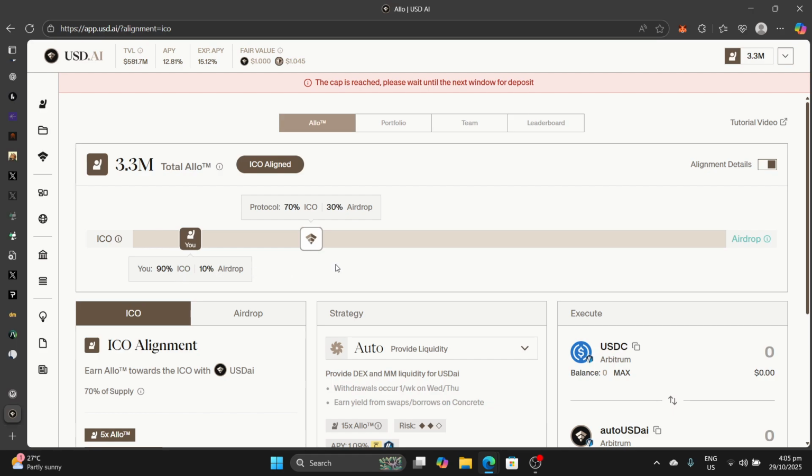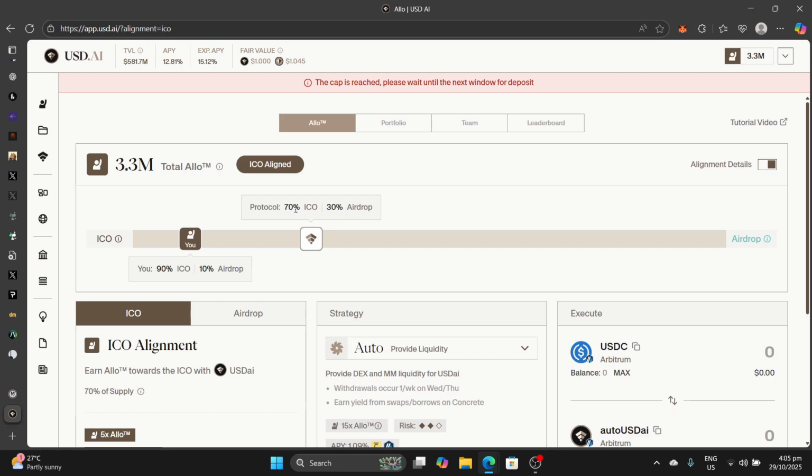You will see why. Now, for the project itself, the depositors overall, you will see that it's obvious many are ICO aligned. The reason is, according to me, of course people like airdrops, but I don't think people know that you can choose to be ICO aligned or airdrop aligned. By default, you would meet the ICO aligned portal, and many people will incline towards that.